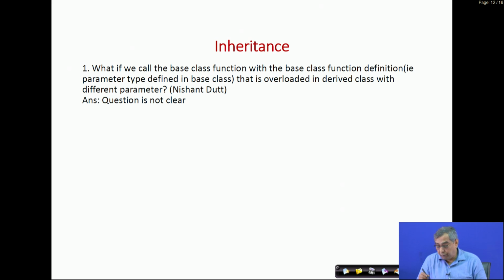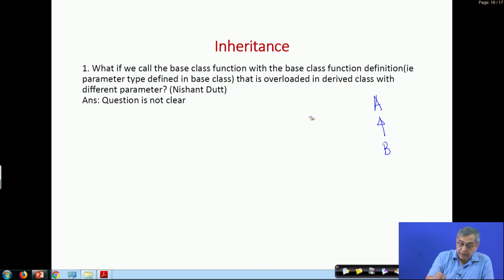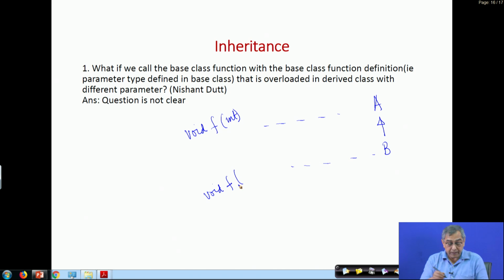I am confused about what you are asking, but possibly if you are asking this, say I have A and I have B, and in A I have something like void f(int), and in B I have void f, let's say it takes a Cat star.